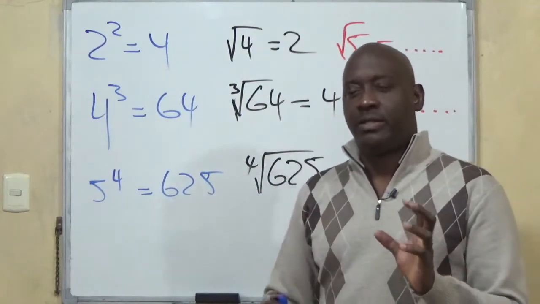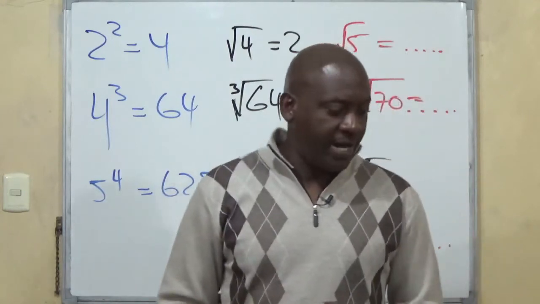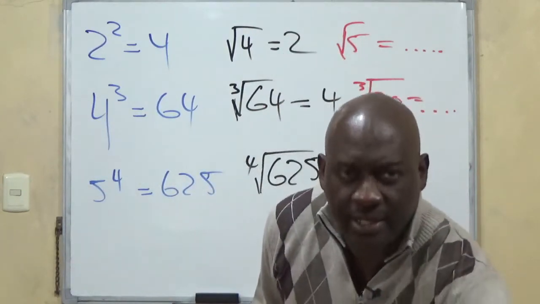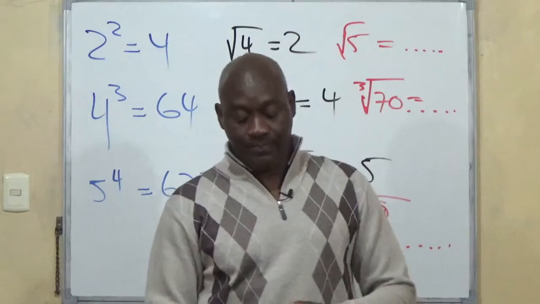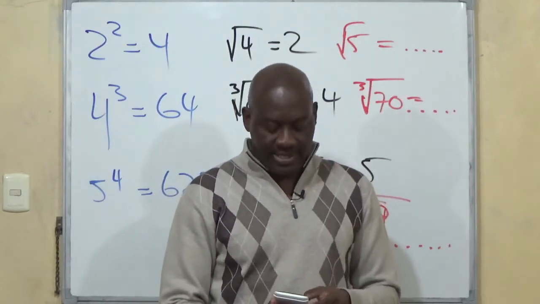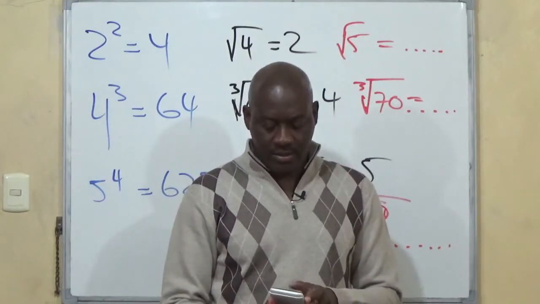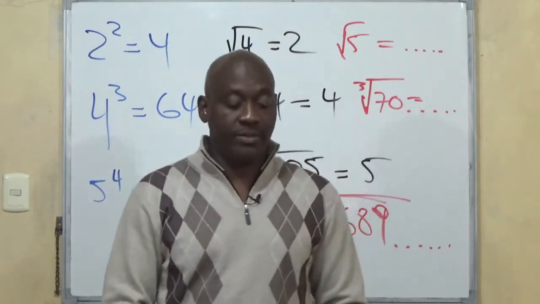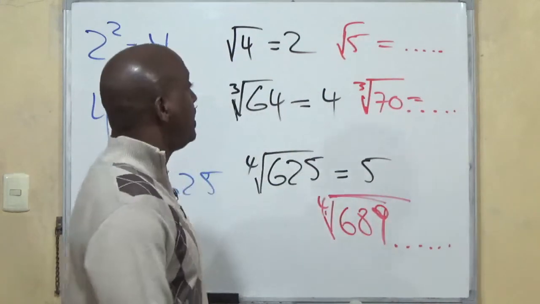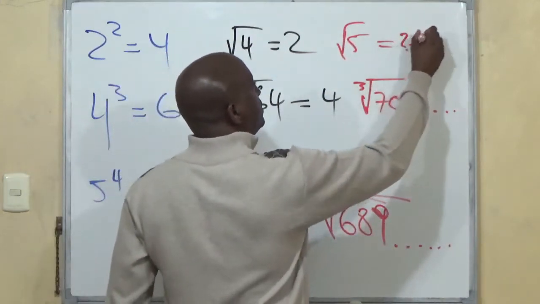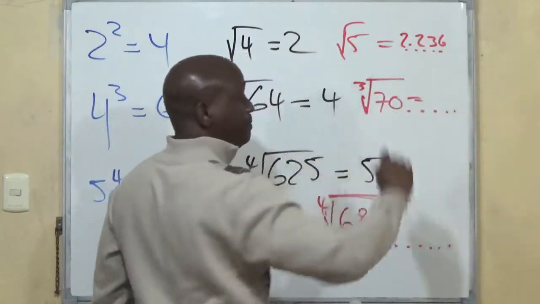So in other words, the square root of the number 5 would be something between 2 and 3. And the actual answer is 2.236 going down the road.